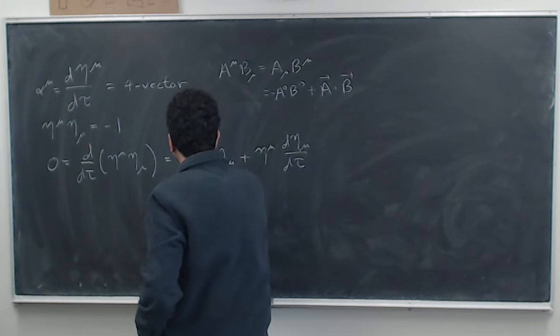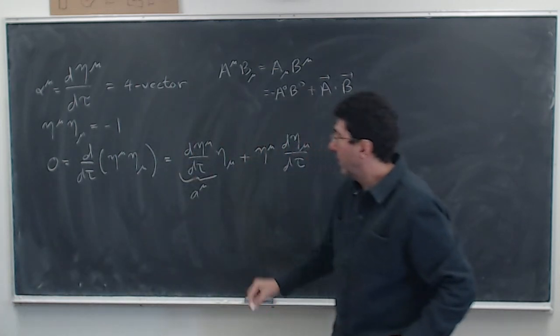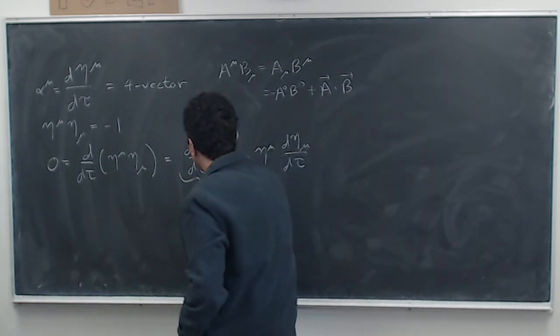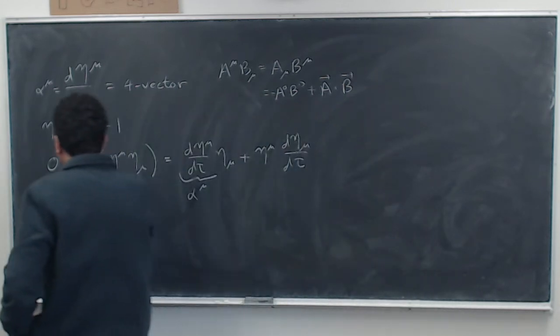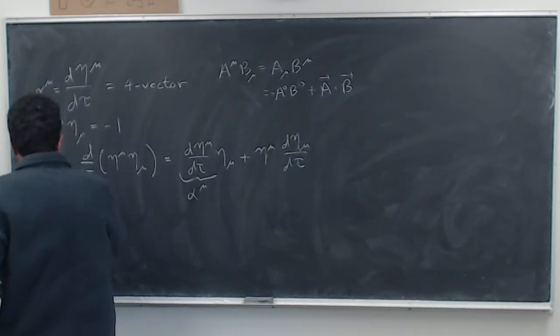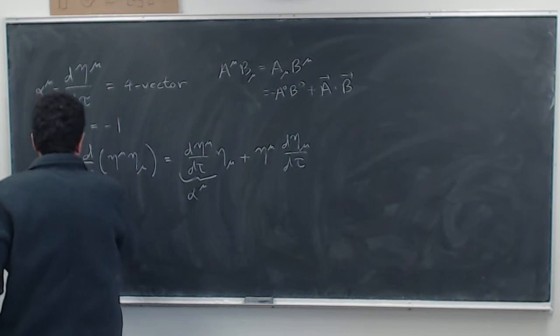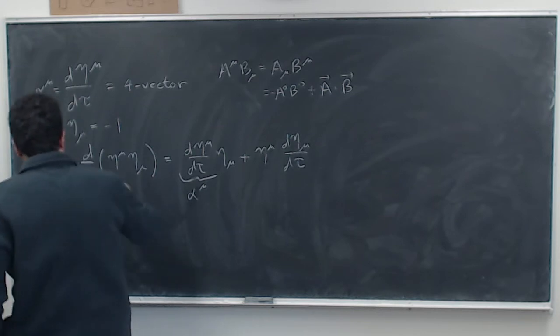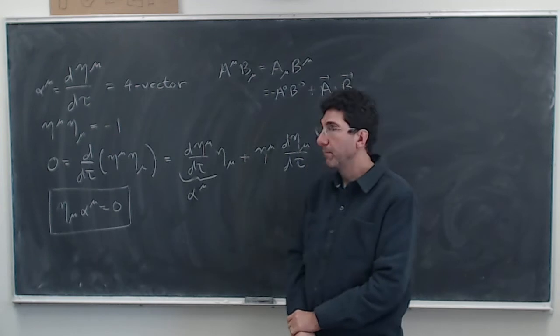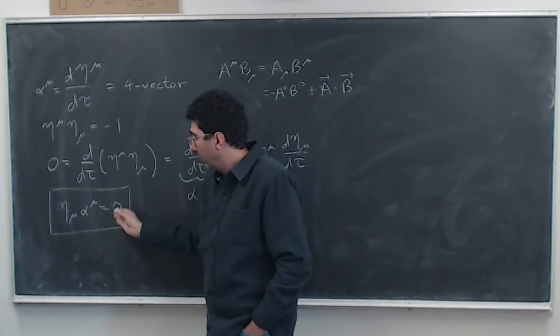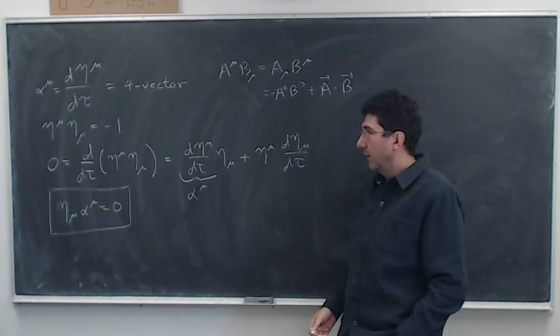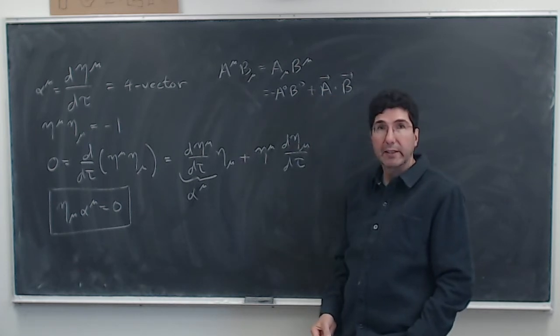And this right here, d eta mu d tau, by definition, is just what we called alpha mu, right? The 4 acceleration. So we learn that eta lower mu alpha upper mu is equal to 0. Okay? So just like the 4 velocity, the 4 acceleration also satisfies a Lorentz invariant constraint like this.